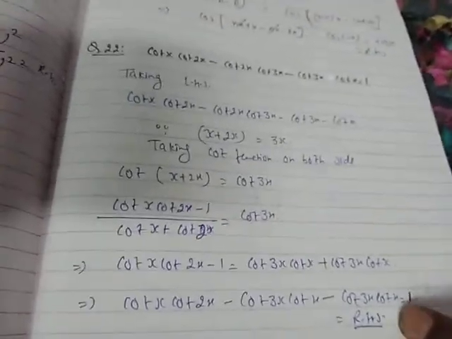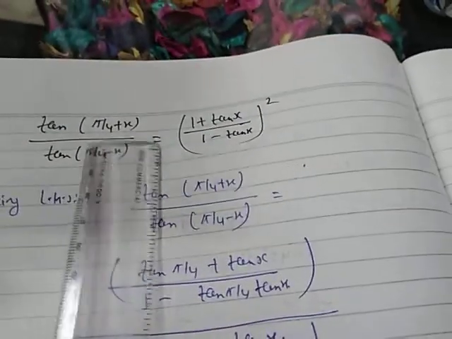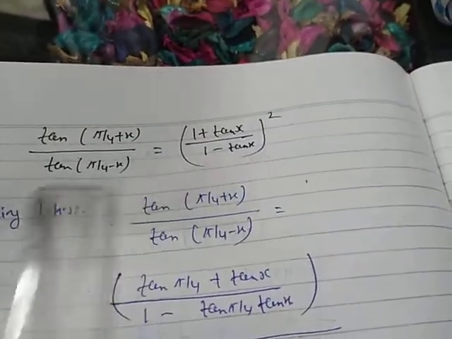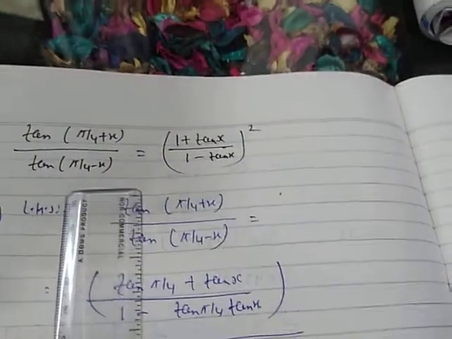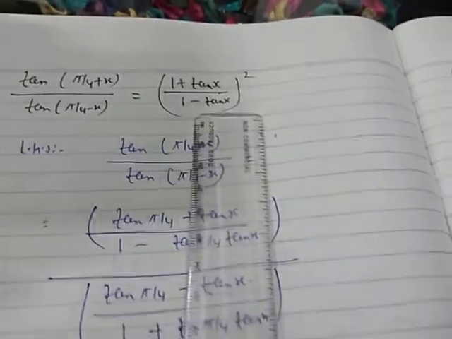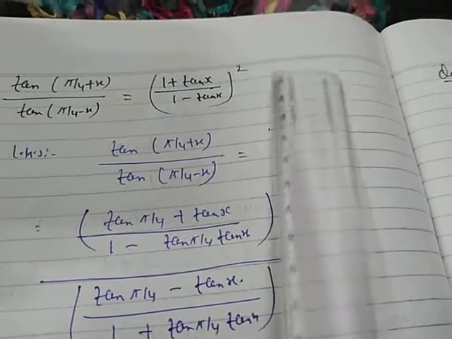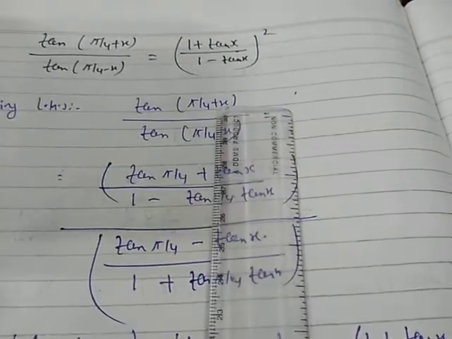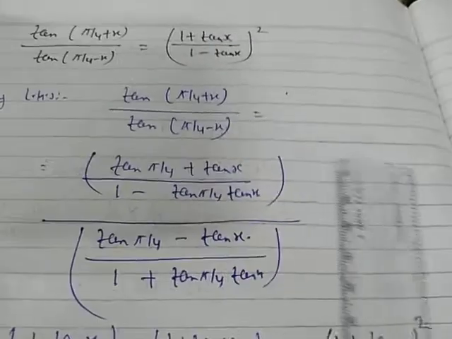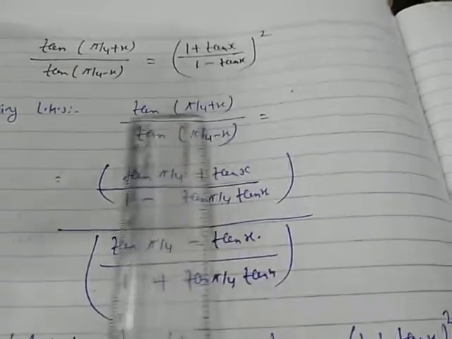Now question number 7 is, children, prove that tan(pi by 4 plus x) upon tan(pi by 4 minus x) is equal to (1 plus tan x upon 1 minus tan x) whole square. Taking LHS, tan(pi by 4 plus x) and tan(pi by 4 minus x), tan(A plus B) and tan(A minus B), we need to put the formula values.